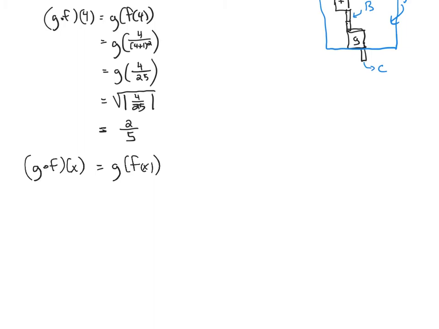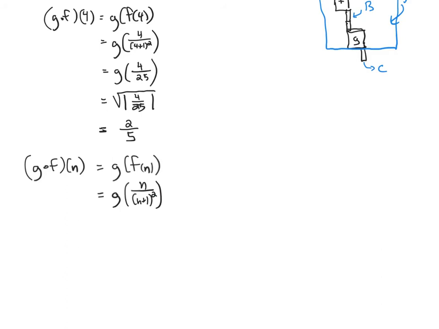Let me erase this. x is a poor choice because it should be n. n is our natural number, so let's go with that. So we know what f is. f is n over n plus 1 squared. So we have g of this expression.